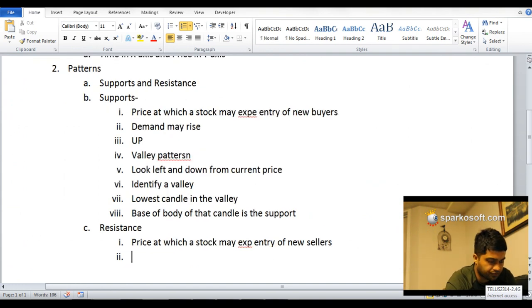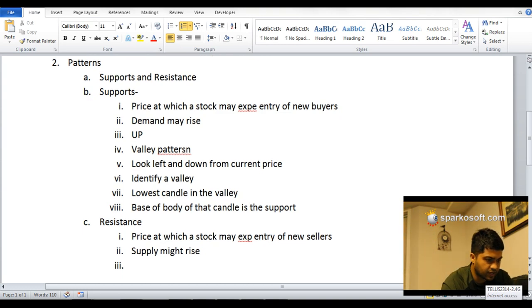So supply might rise, and it may lead to the stock going down.